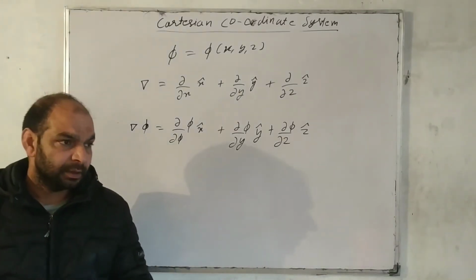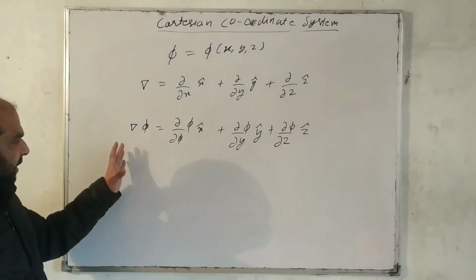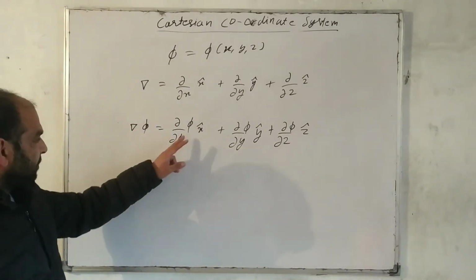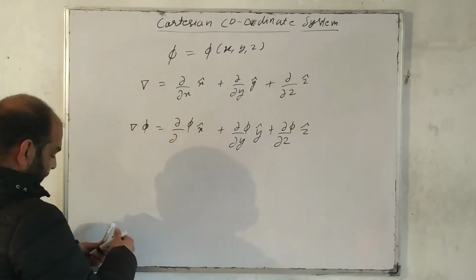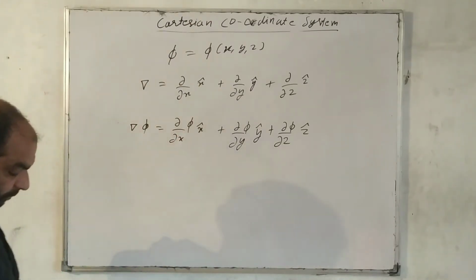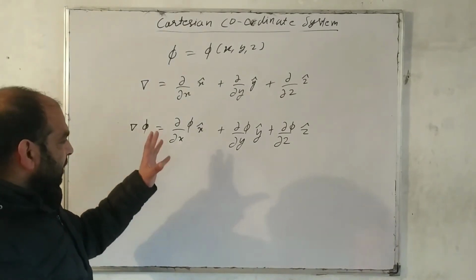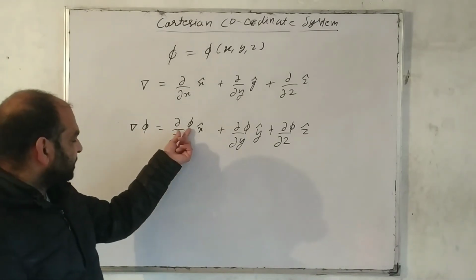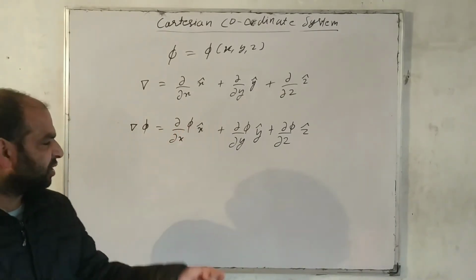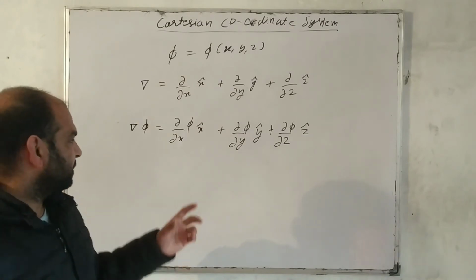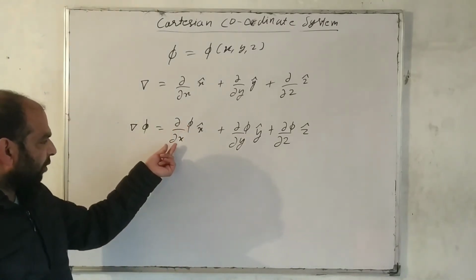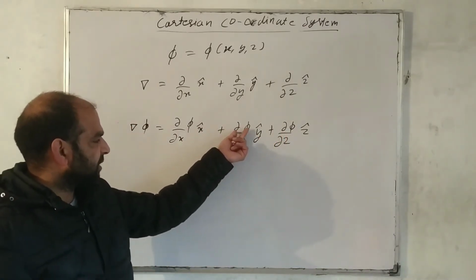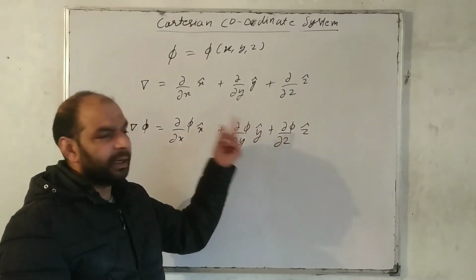But its meaning is that if you are taking the gradient of some quantity, say phi, it will be ∂/∂x. This is a small change in phi with a small change in x along the x direction, and a small change in phi with a small change in y along the y direction.